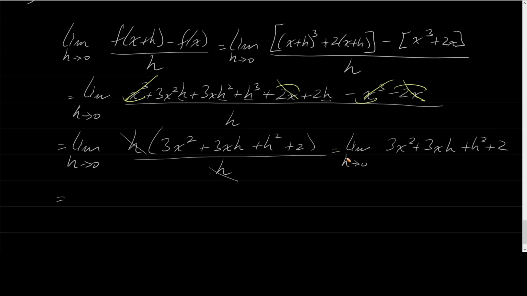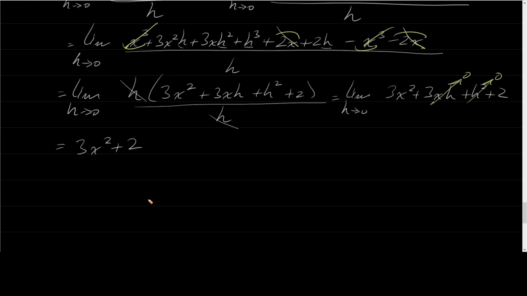Since h is going to 0, a few things here go away. This goes to 0, this goes to 0, so I end up with just 3x squared plus 2. And that will be my derivative. So f prime of x, our derivative, is 3x squared plus 2.